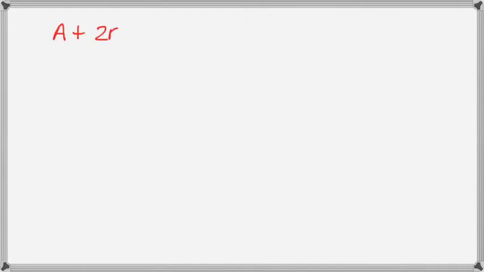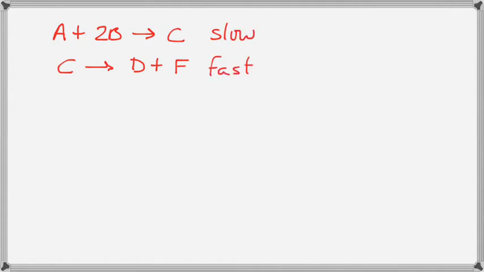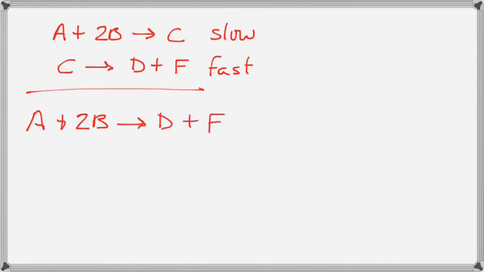So A plus 2B goes to C, and C goes to D plus F. This is the slow step, and this is my fast step. So overall, that reaction is A plus 2B goes to D plus F. Okay?